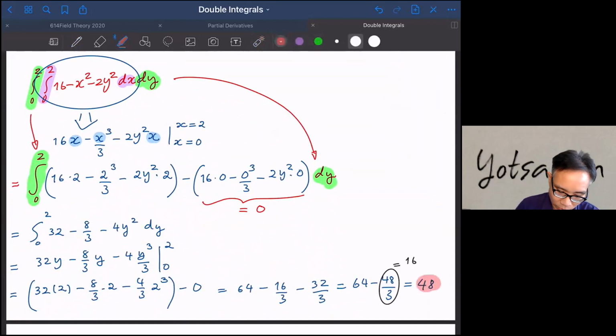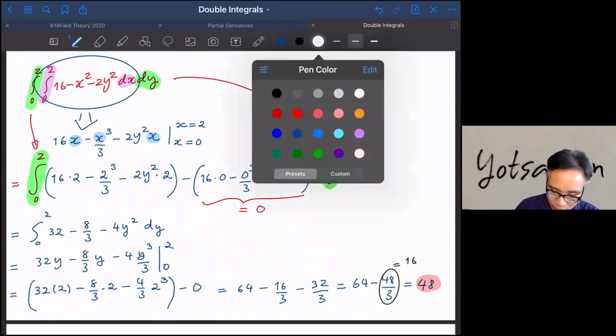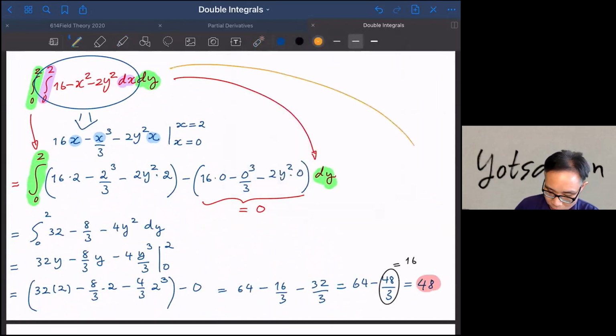The way that we compute this is you just compute the double integral for the value. So this is the exact volume in this case.